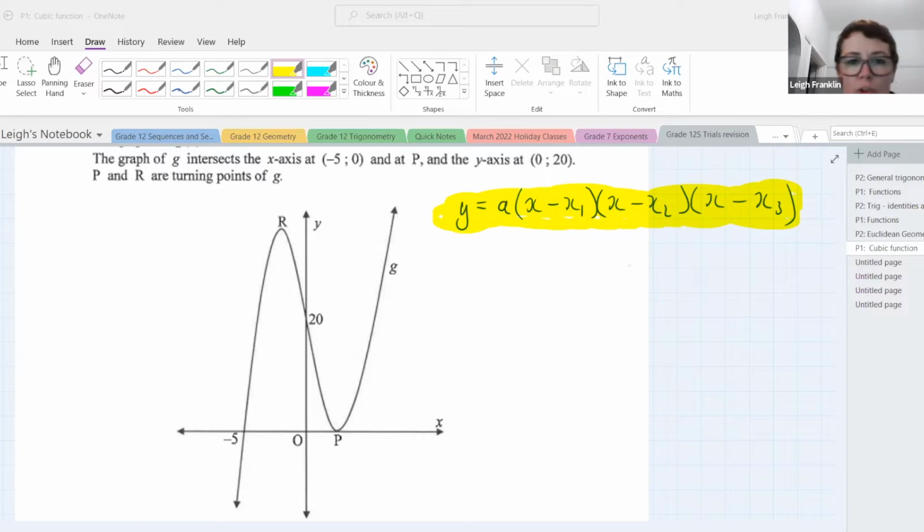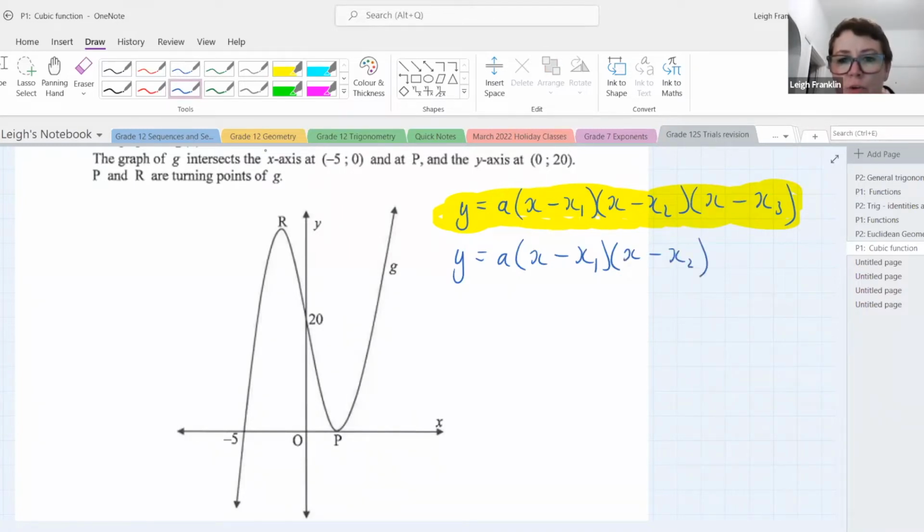So in other words, we've still got y equals a(x minus x1), but x2 and x3 are equal roots. So that's why here we would say (x minus x2), and that bracket is the one that's going to be squared. Lovely.